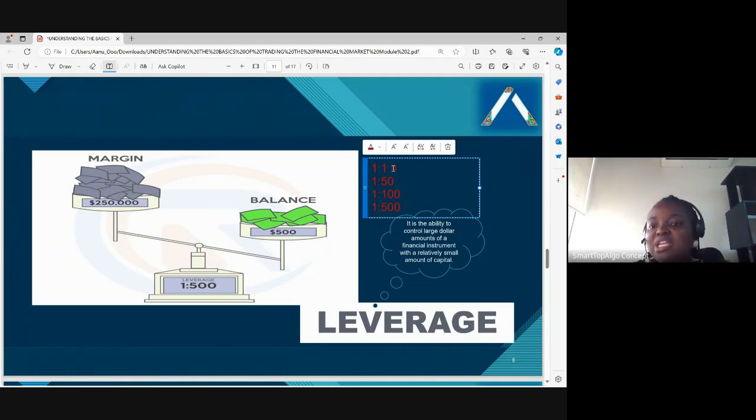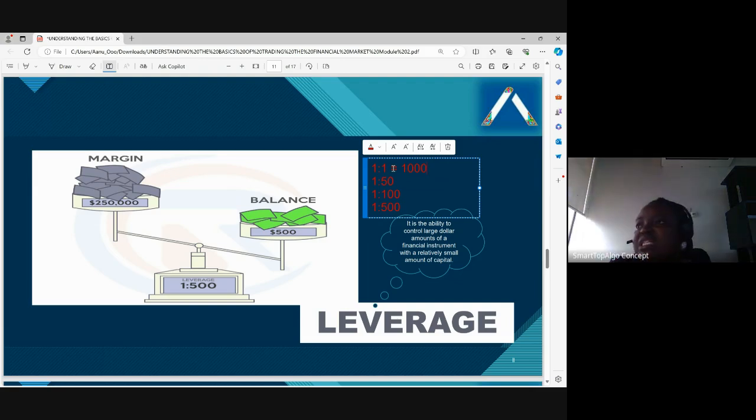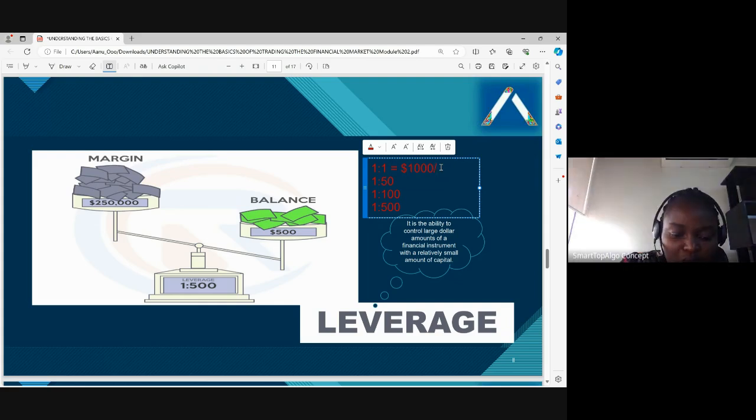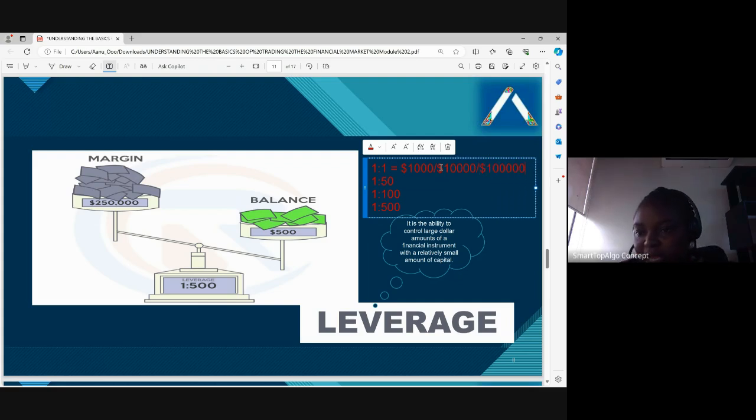So if you decide to use a leverage of 1:1, then the lowest capital you can start with is $1,000. So the lowest capital is either $1,000, or $10,000, or $100,000 if you choose a leverage of 1:1.